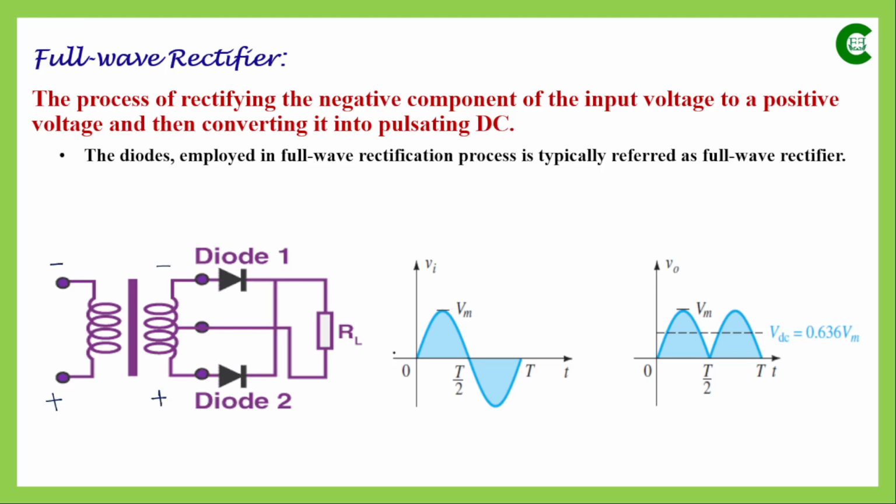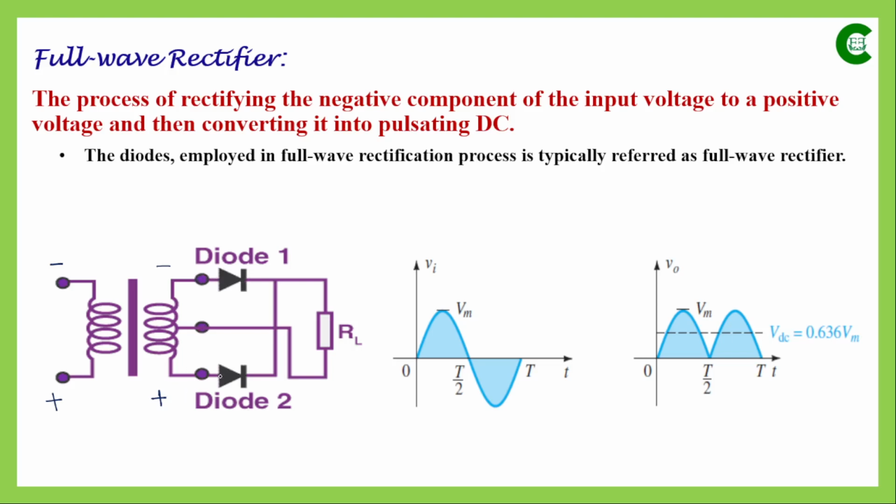Now let's see what happens during the negative half cycle of this input waveform. If we consider the first diode, the P side of this diode is connected with the negative terminal of the voltage. So diode 1 will be turned off, and no current will flow through this diode. But what about diode 2?